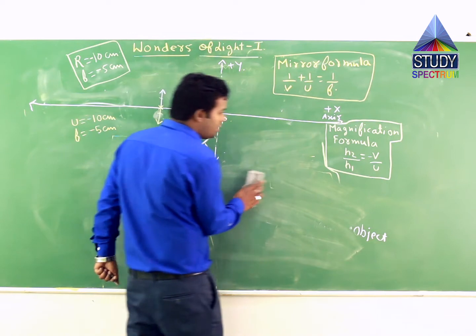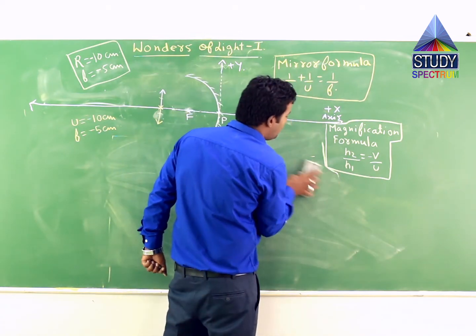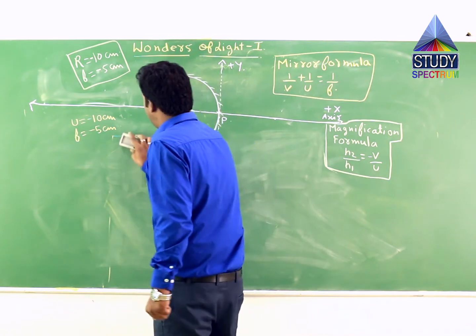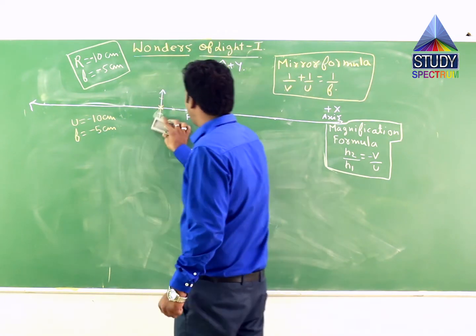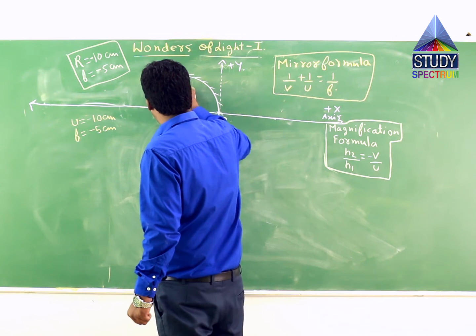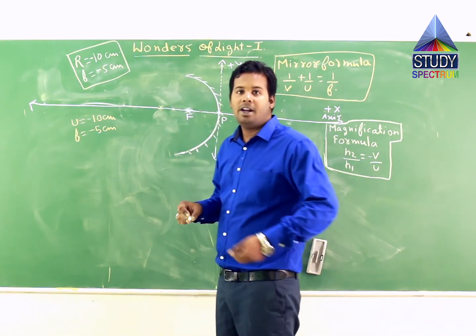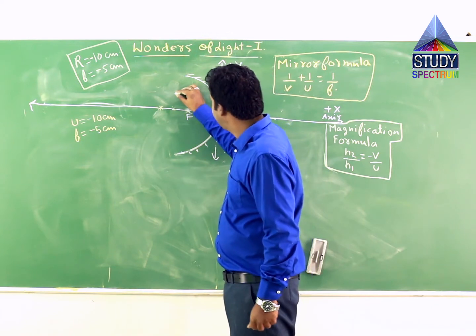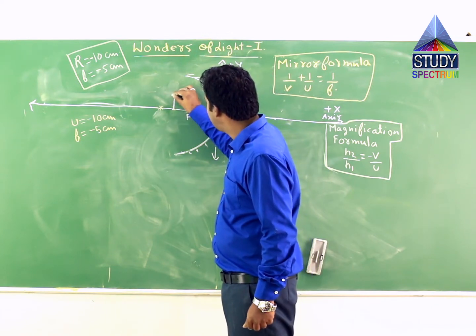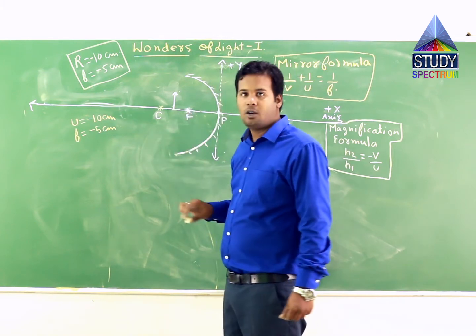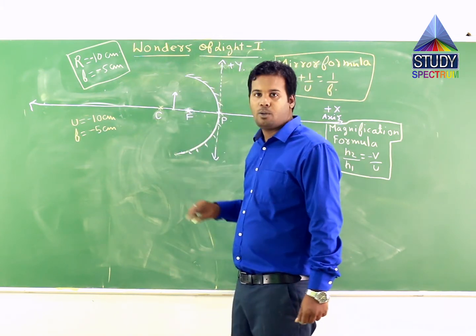Suppose for convenience, and since we are solving for theoretical questions, I will take U as minus 7.5 centimeter. See, this is your object, this is point C, center of curvature, this is focus point, correct?